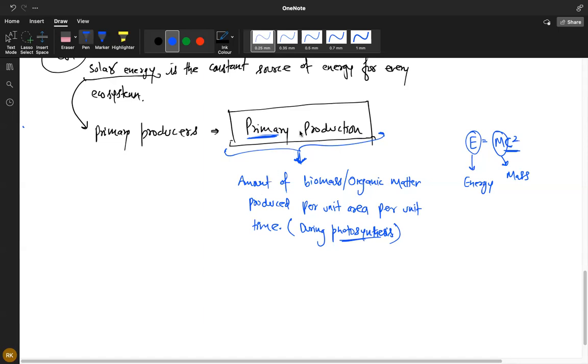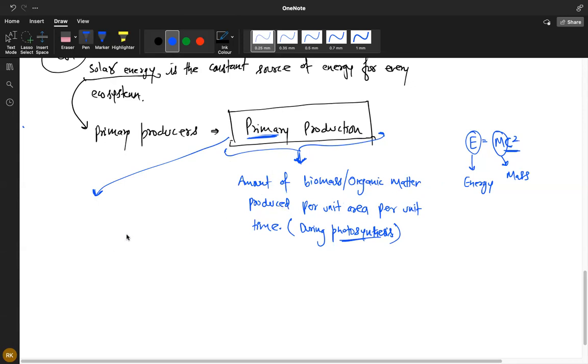Now, let me also tell you how I will measure this production, or what the unit will be. Everything should have a unit by which we can measure, right? So look at the definition and tell me the unit. If I say it's the amount of biomass or organic matter, I can also say it is the amount of energy. Kilojoule.